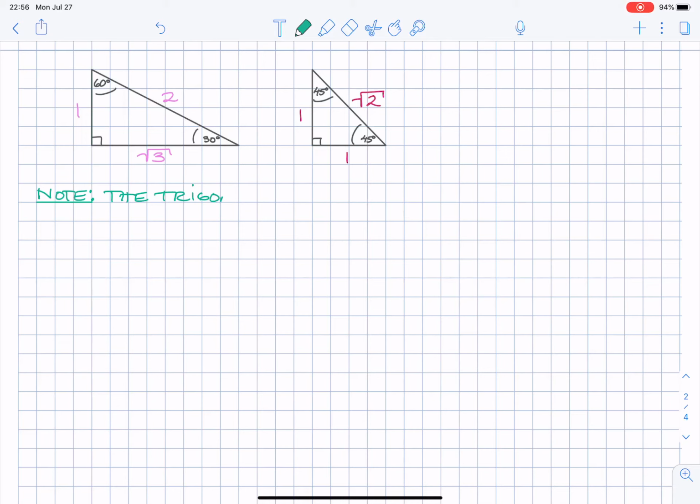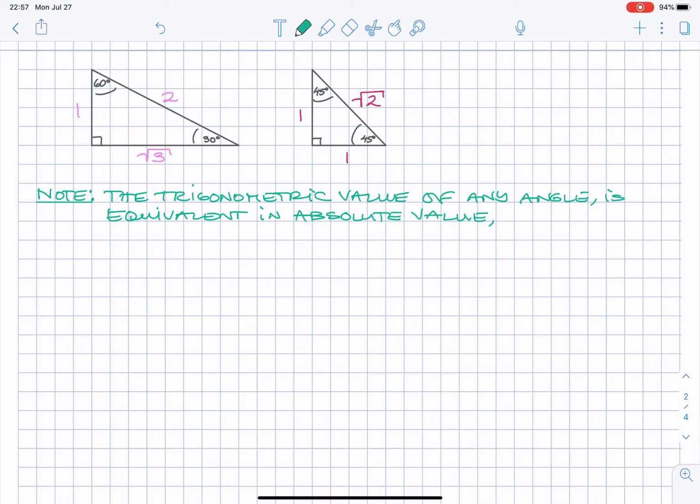The trigonometric value of any angle is equivalent in absolute value, meaning save for a plus or minus, in absolute value, to that of its reference angle.